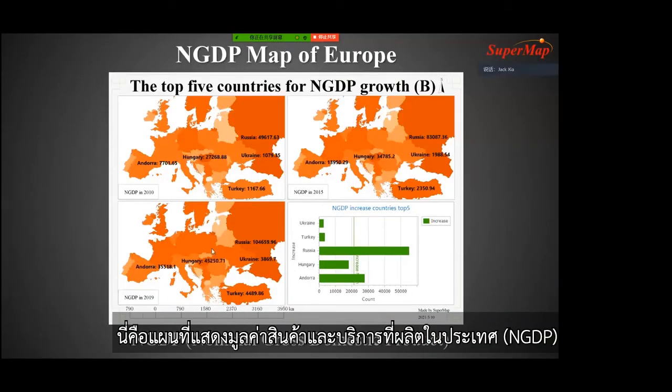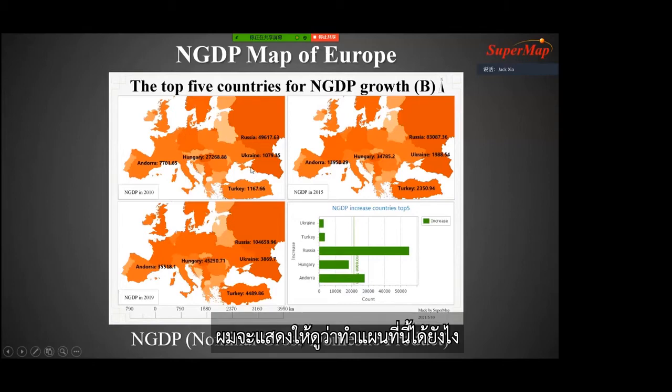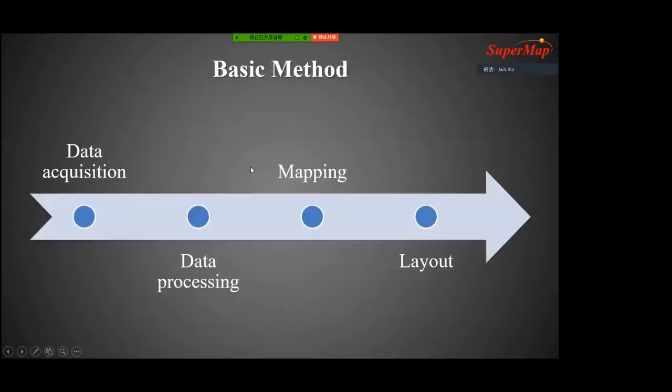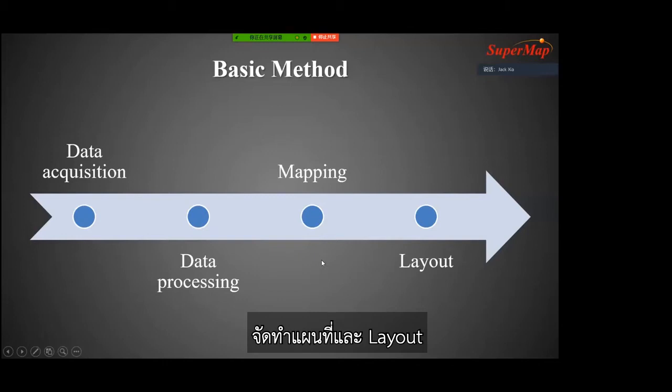Hello, and this is the map of nominal gross domestic product, and I'll show you how to make this map. The basic method is first we need to get the data, then process the data and import it into our software, and then we make the thematic map and output the layout.